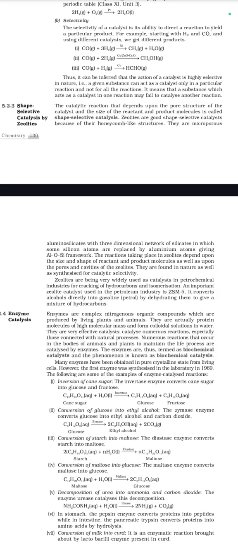Shape selective catalysis by zeolites. Catalytic reactions that depend upon the pore structure of the catalyst and the size of the reactant and product molecules are called shape selective catalysis. Zeolites are good shape selective catalysts because of their honeycomb-like structure.